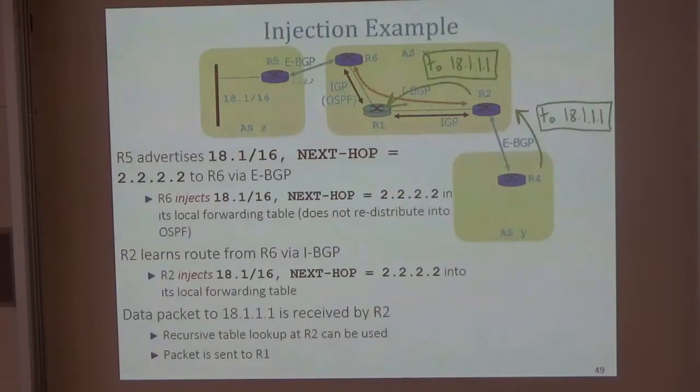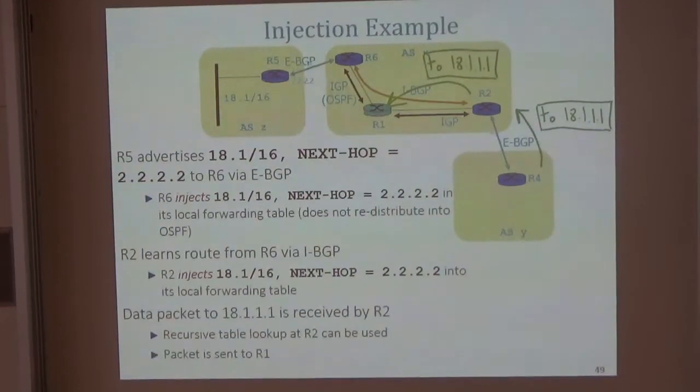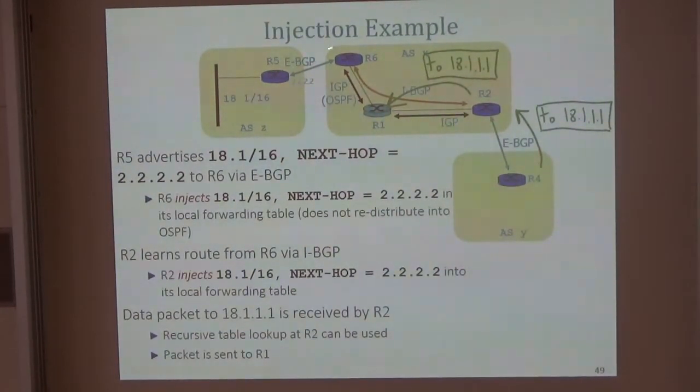Now, let's assume we have a network where BGP routers do injection only of the routes. So for example, here I'm showing two routers, R6 and R2, that have learned some external route from BGP, either directly from the outside or indirectly via the iBGP mesh.